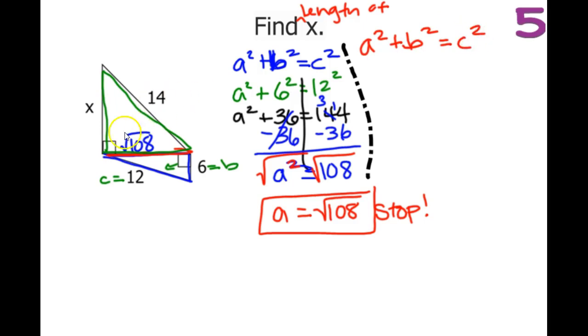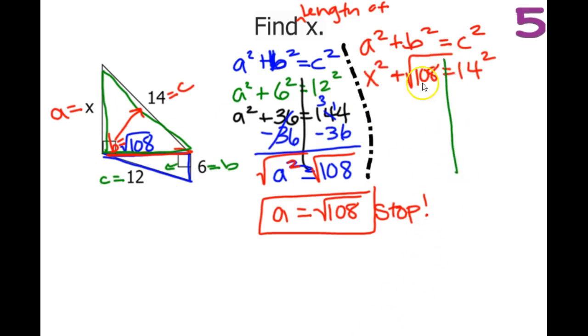I know c squared is the longest side opposite of the right angle, so c has to be 14. So 14 squared. A and b, doesn't matter which one's which. I'm going to say this is a and this is b. So a is really the letter x now. B is really the square root of 108.